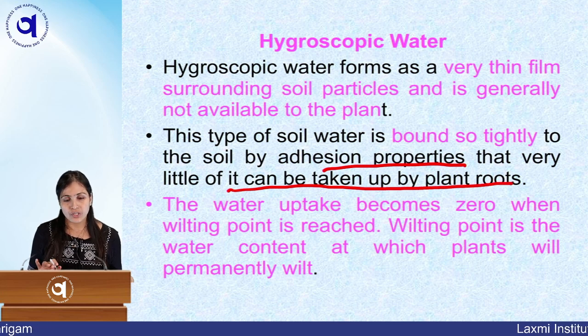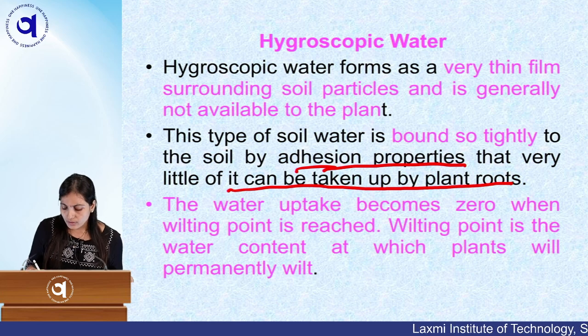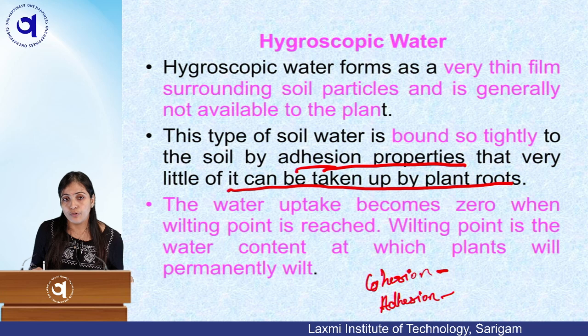So what are adhesion and cohesion? I think I need to explain that. What is adhesion and cohesion actually? This is a very important term you need to understand in fluids and also in soil properties.